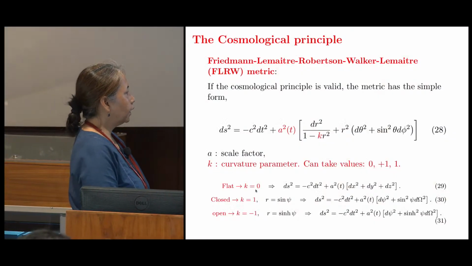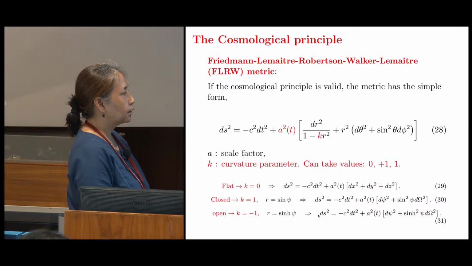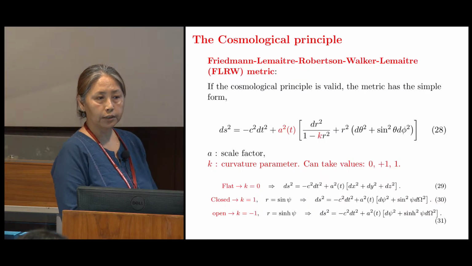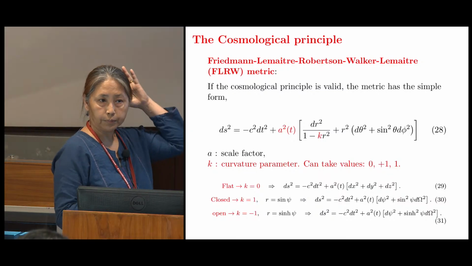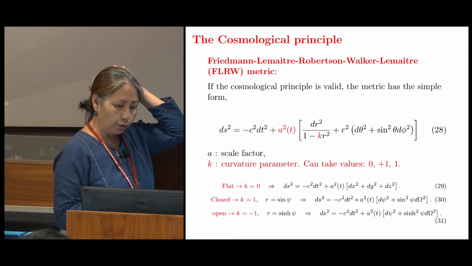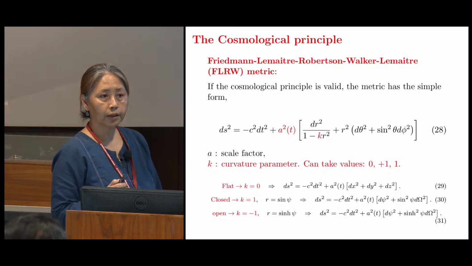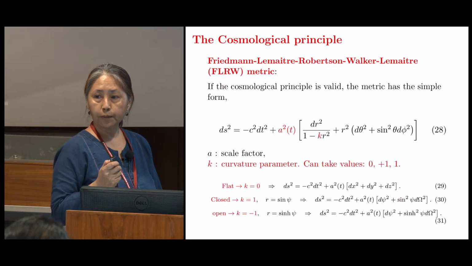Similarly, for the other one, minus k, if you substitute sine hyperbolic psi, then you will get this. And if you look in the maths literature, this will be the metric of a system having negative curvature. So can you give an example of a surface which has negative curvature? Saddle, yes.